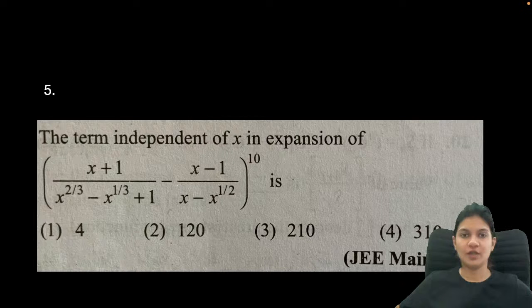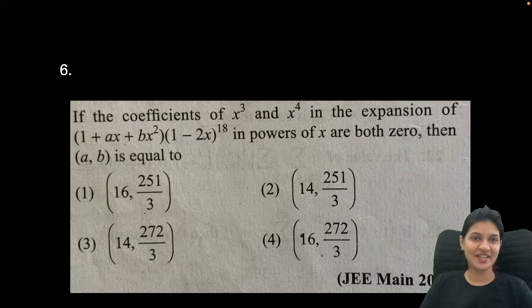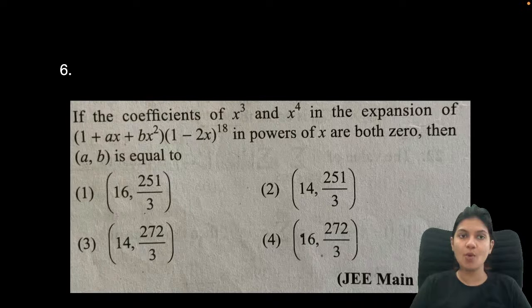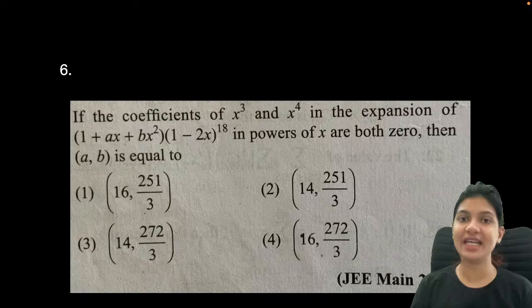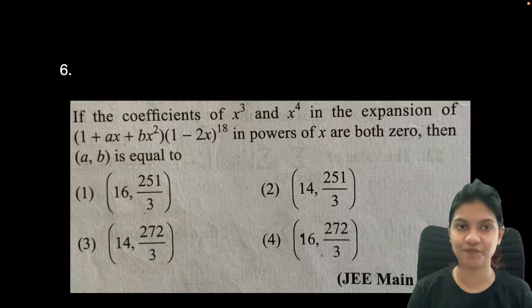So I'll give you one question as your homework, which will be the 6th question. If the coefficients of x cube and x to the power 4 in the expansion of (1 plus ax plus bx square) into (1 minus 2x) to the power of 18, in powers of x, are both zero, then (a, b) is equal to.